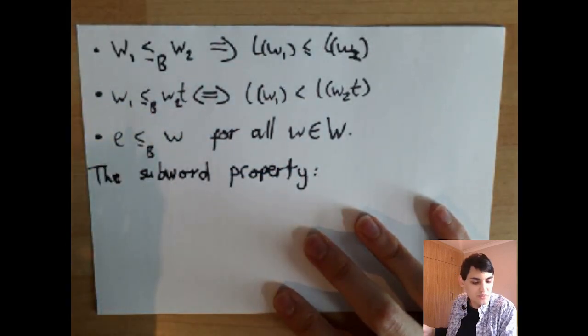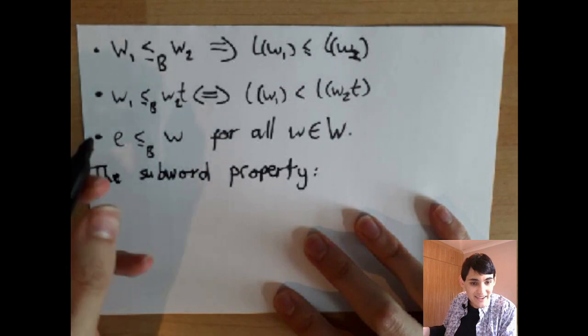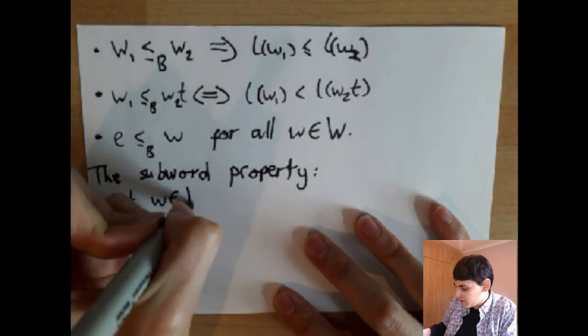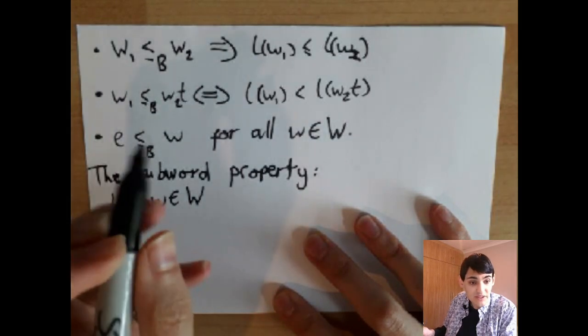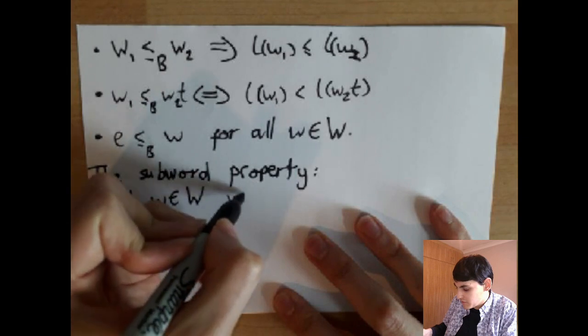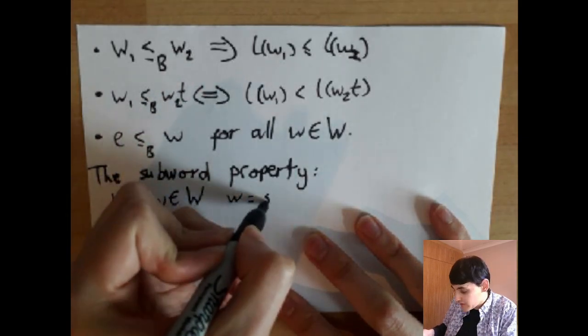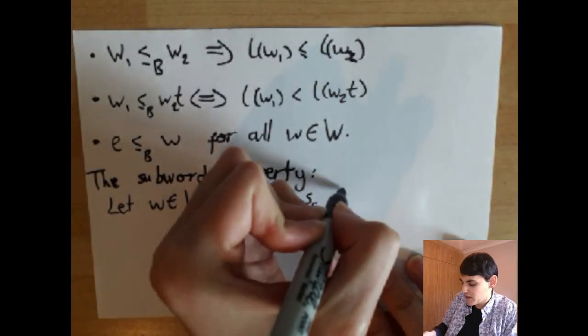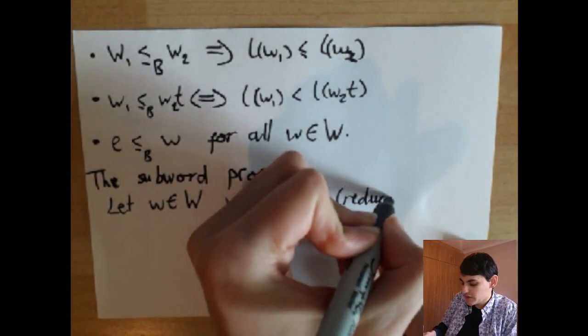The subword property says that you have W in W, and W can be represented in this way, s_1 up to s_r, as a reduced word.